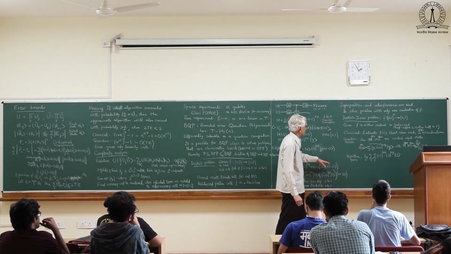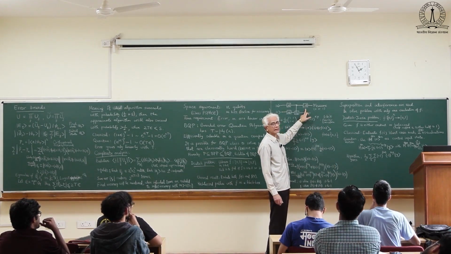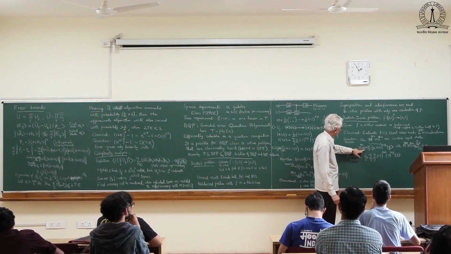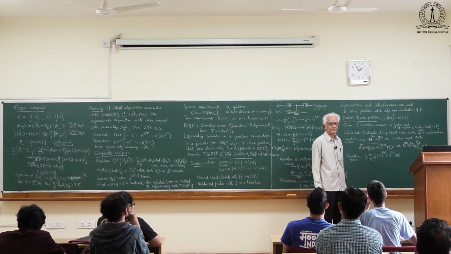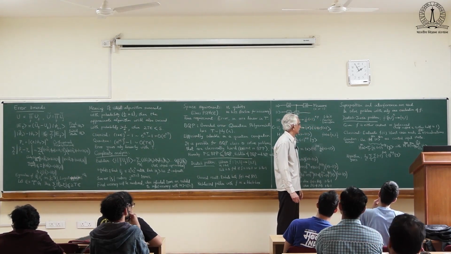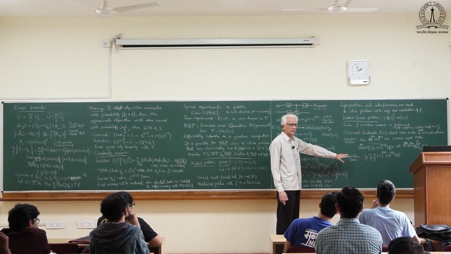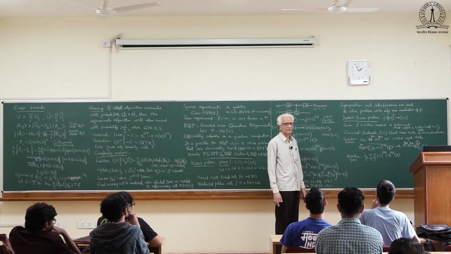Then whatever the state was, I acted on by another h to the power n. And that action of h raised to n on x arbitrary state produced this minus 1 raised to x dot y. And that is all there is. There is nothing more in the algorithm. Now we have to ask what happens when you measure.